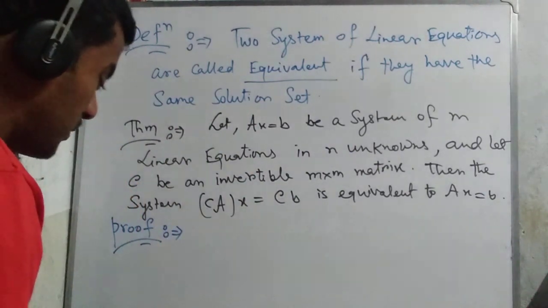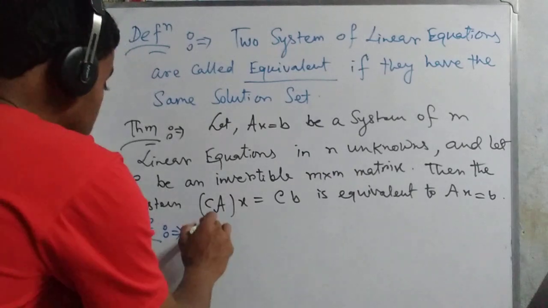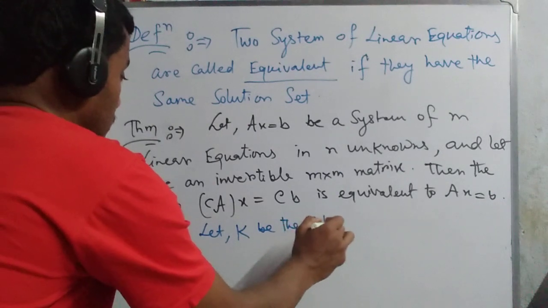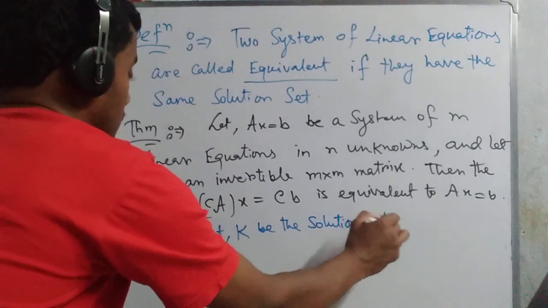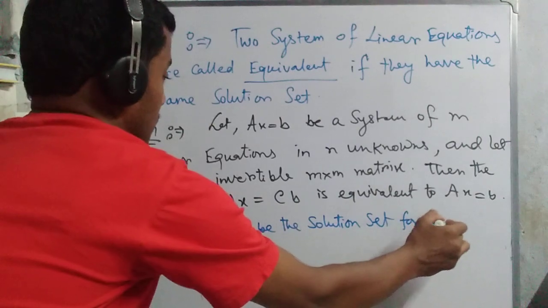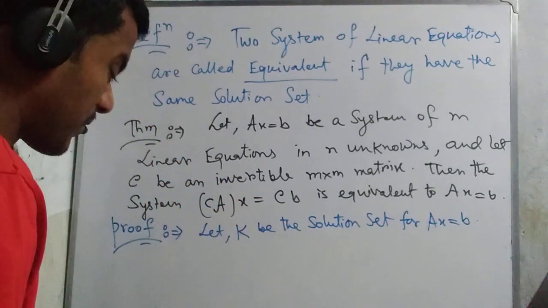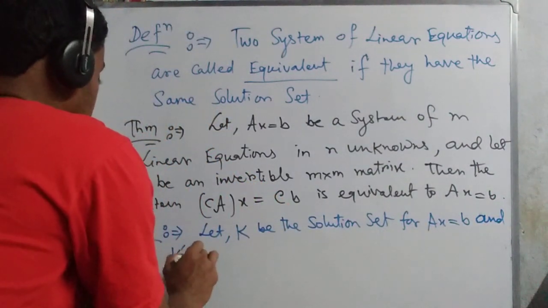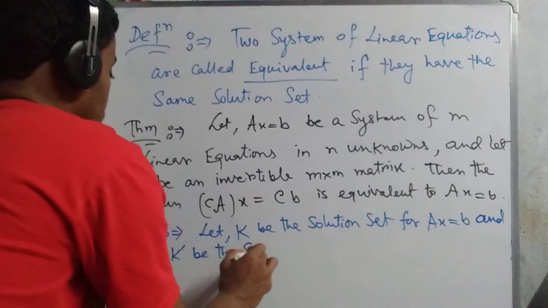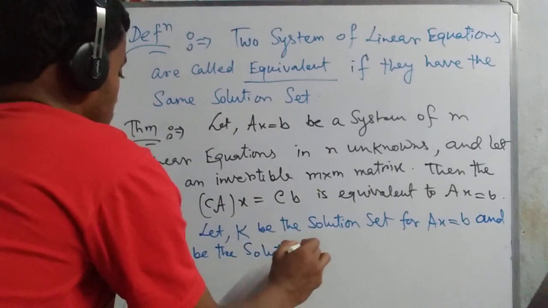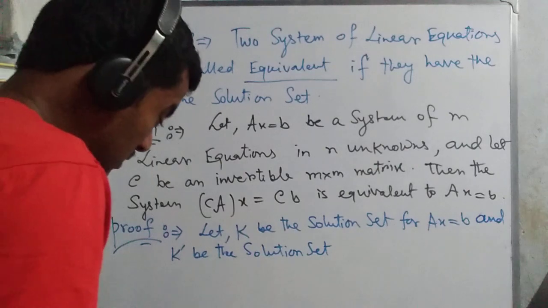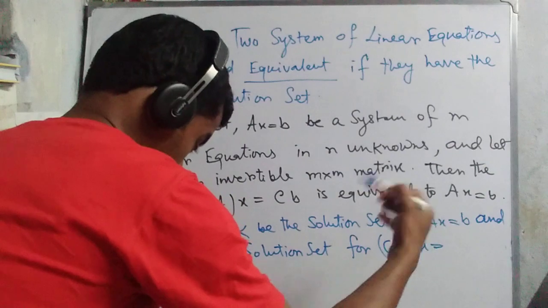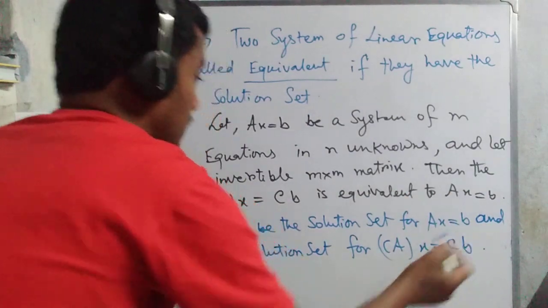Here, let K be the solution set for AX equal to B, and K dash be the solution set for CAX equal to CB. Understood?